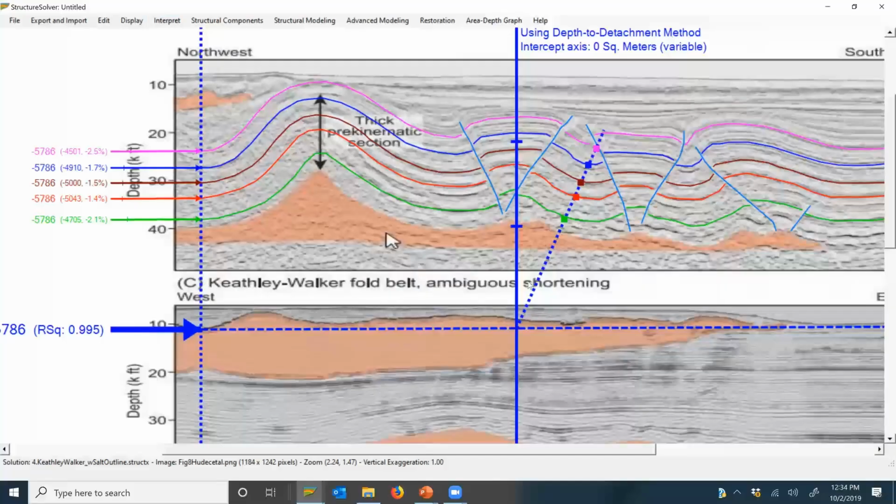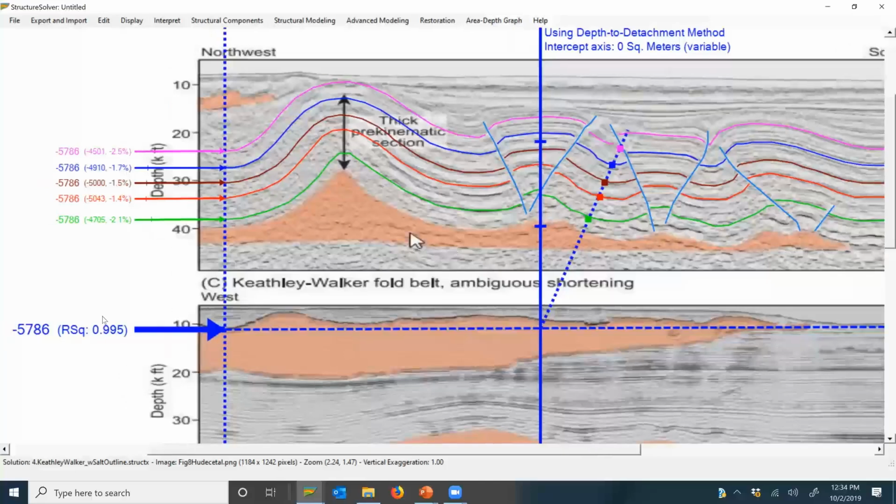And so it's well below the sort of known, or at least interpreted, base of salt, so the orange shaded region there. But it is a very good linear fit, which indicates that we have a very consistent interpretation in terms of maintaining fold area.